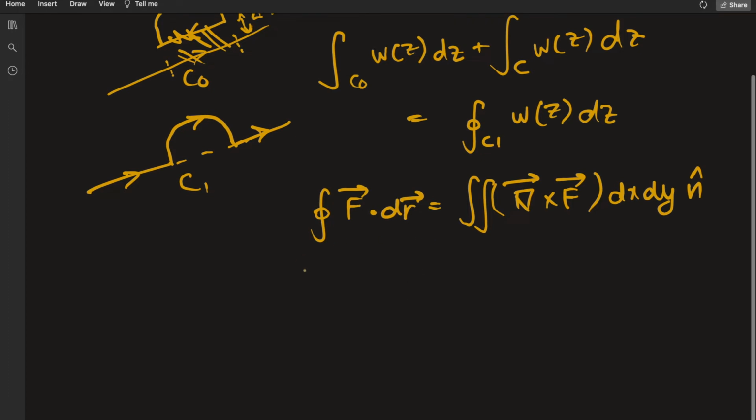Now, what area enclosed should we take? If you have some closed loop like this, we can usually take any area that has this as its boundary.